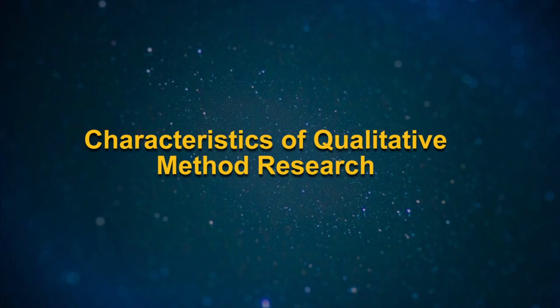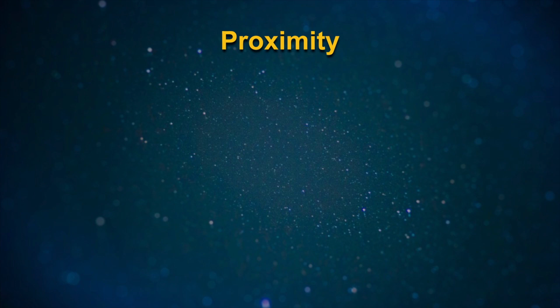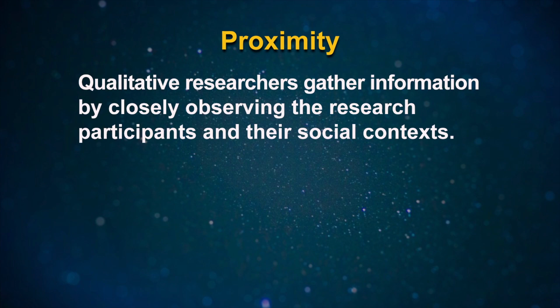What are the characteristics of this particular research method? From a procedural point of view, attempts have been made by a number of authors to identify the prominent characteristics of qualitative research. First, proximity. Qualitative researchers gather information by closely observing the research participants and their social context.